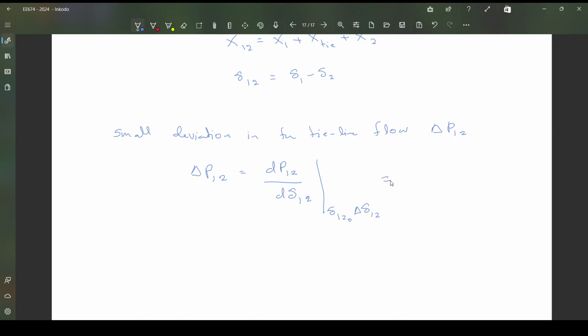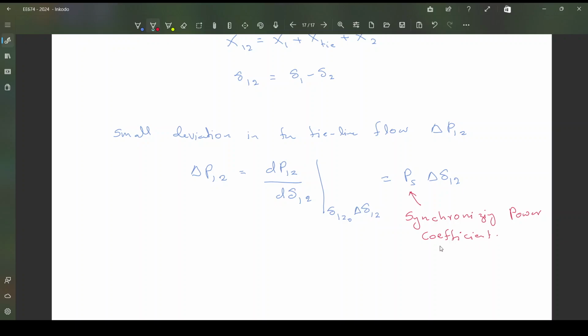This would be equal to PS times delta 12, where PS is the synchronizing power coefficient.